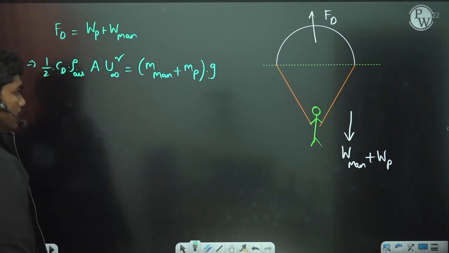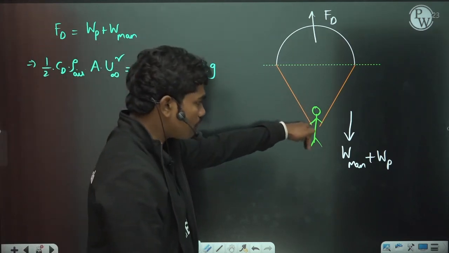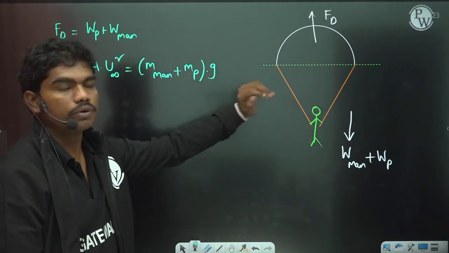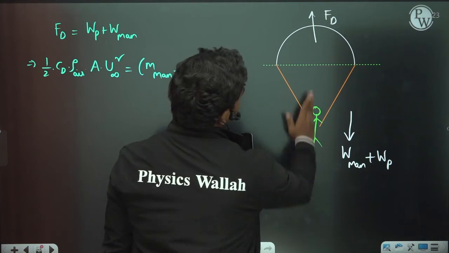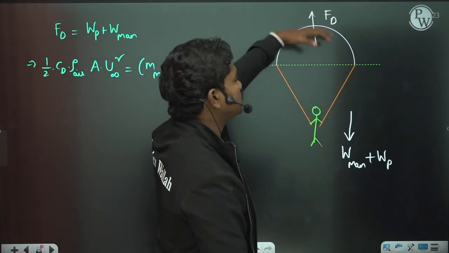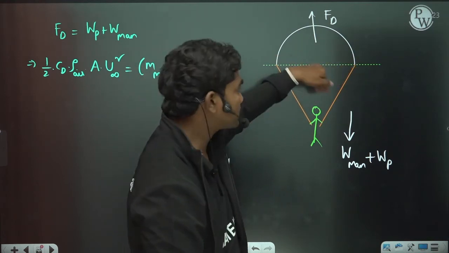Now let us see what they are asking, this U infinity. If the man is coming down with a velocity U, then the parachute also comes down with a velocity U. Air is traveling in this direction, so the surface area projected onto the perpendicular is basically a circle, correct?